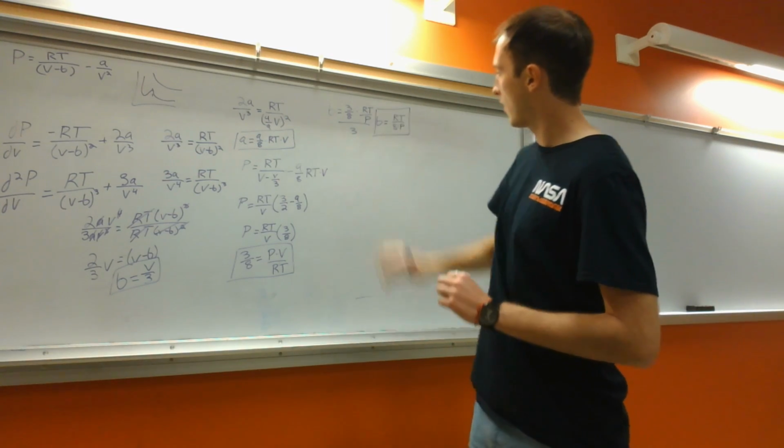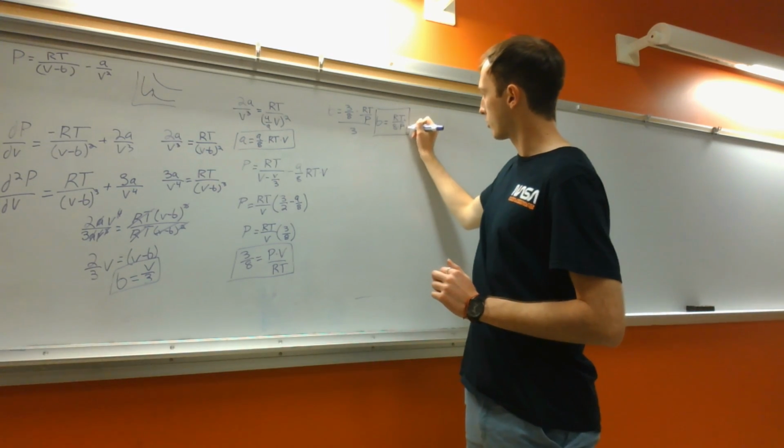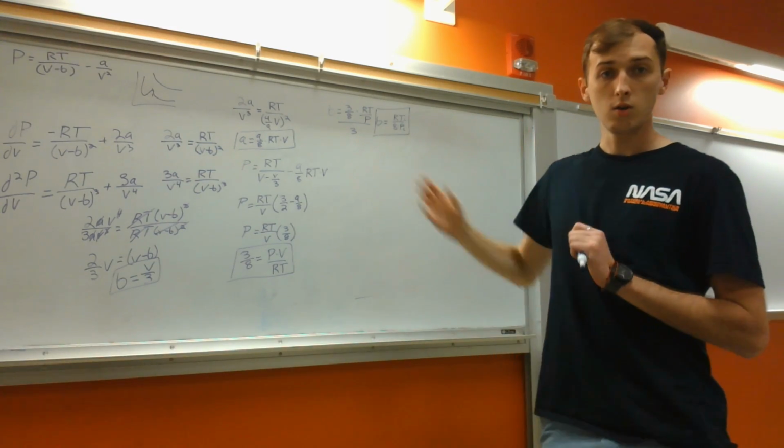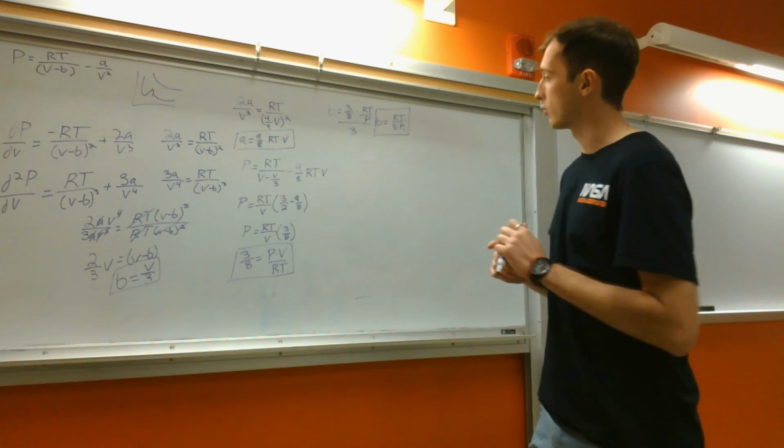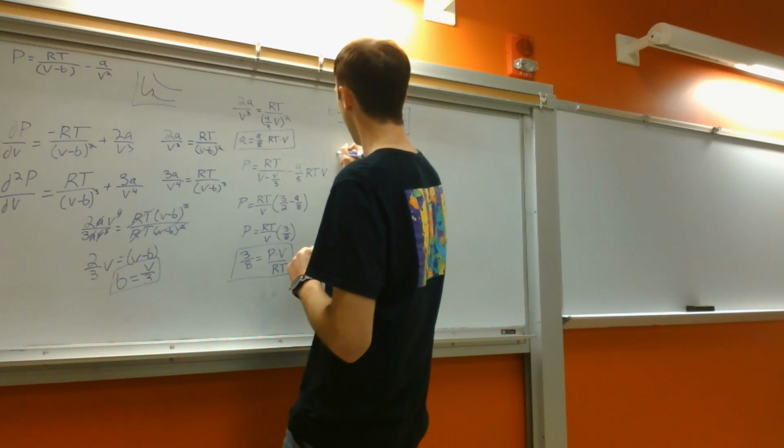So now with this value, as long as you have the critical temperature and critical pressure value, you can input that in order to solve for B. And the same thing goes for A.